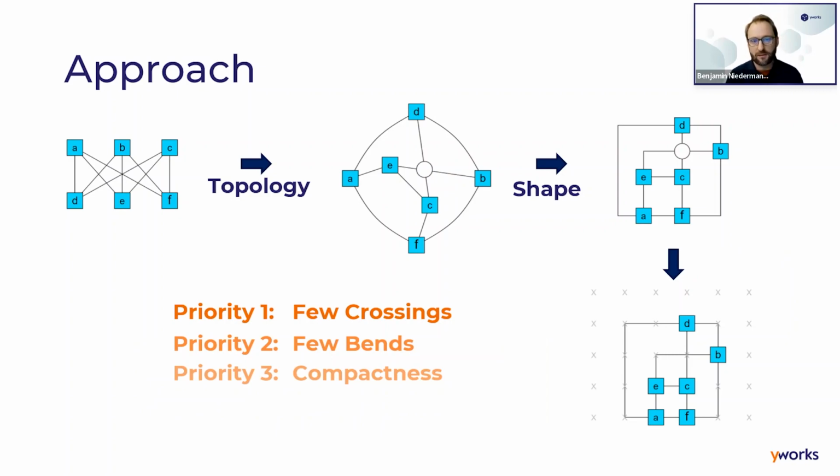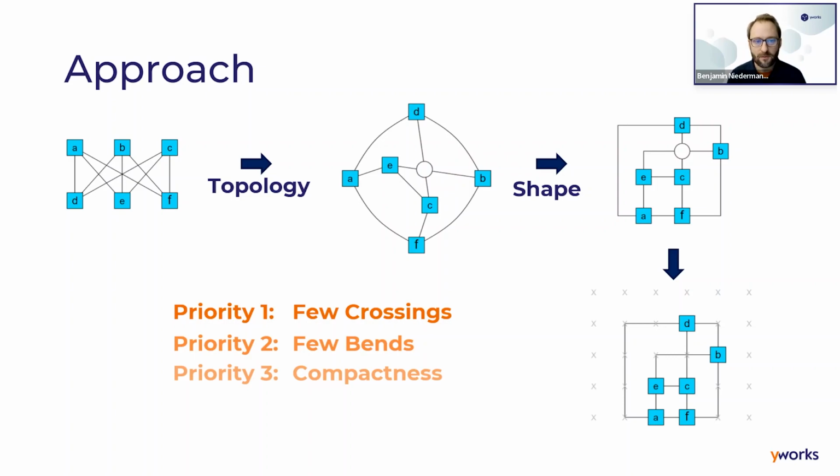So summarizing the approach, what we get is an approach that optimizes the layouts in 3 steps. Namely, it optimizes the crossings, which is the first priority. Then it optimizes the bends. And then lastly, it optimizes the compactness. And in total, you get an algorithm that gives you an orthogonal drawing.